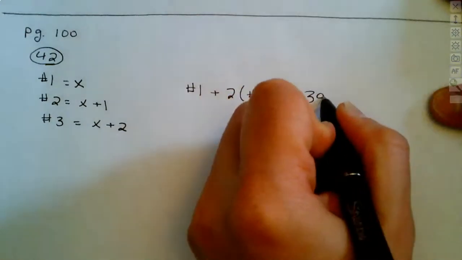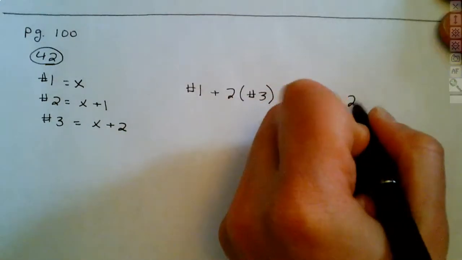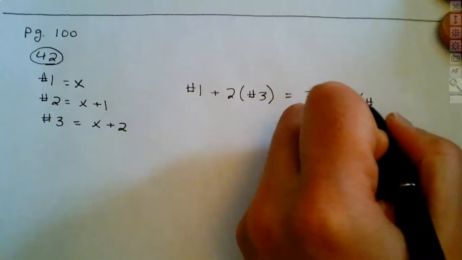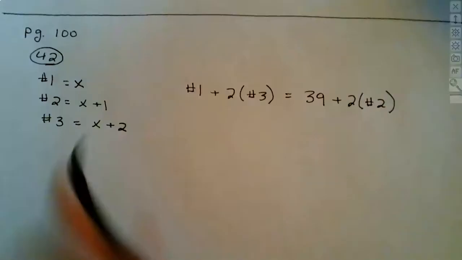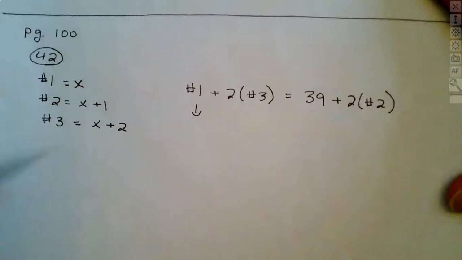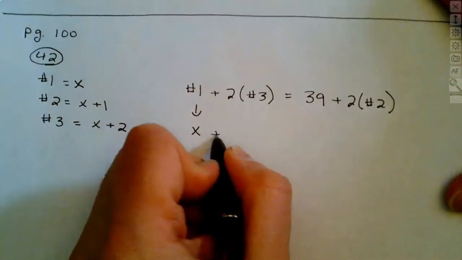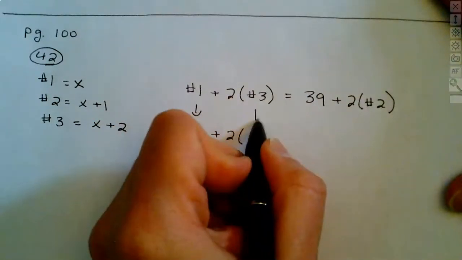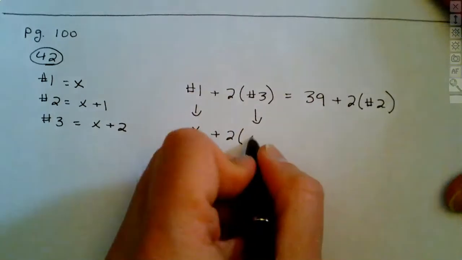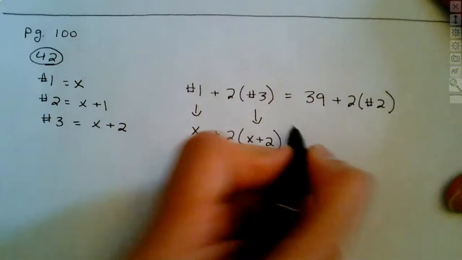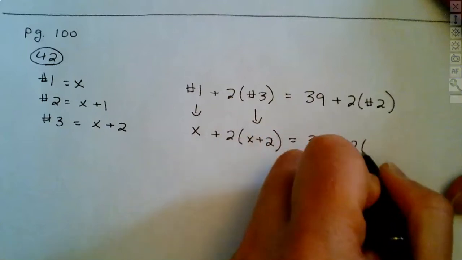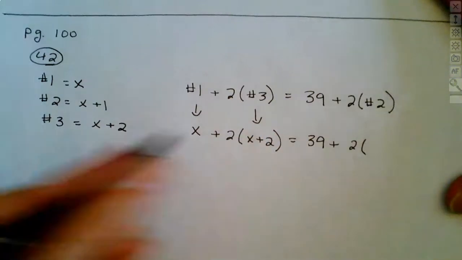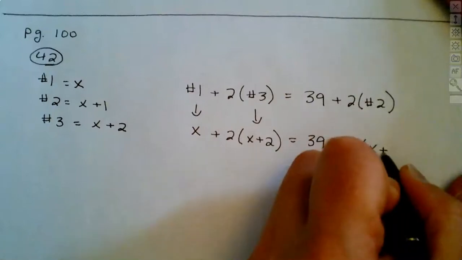So that's going to be 39 plus 2 times our second integer. Always write it out like this, and we plug our values in. So we know our first number is x. Our third number is x plus 2. That equals 39 plus 2 times our second number, which is x plus 1.